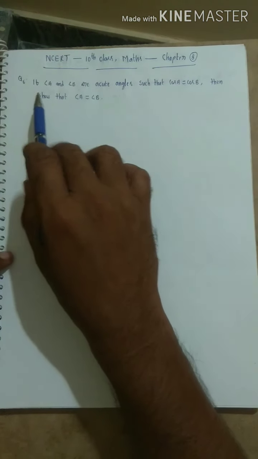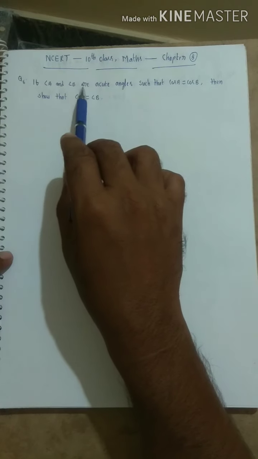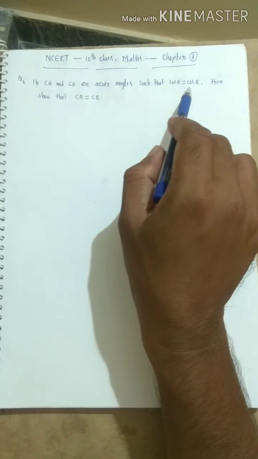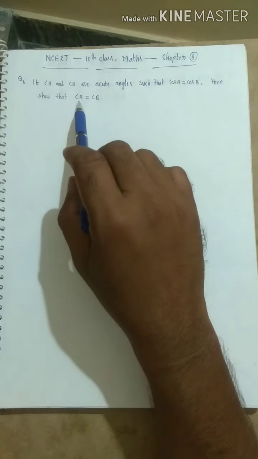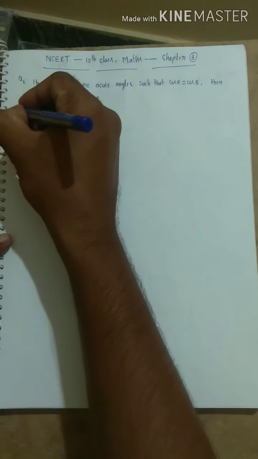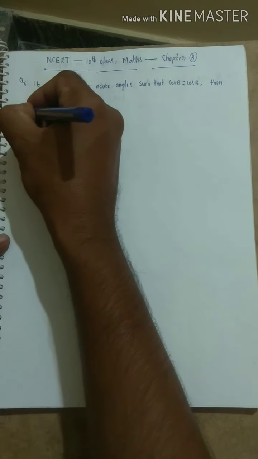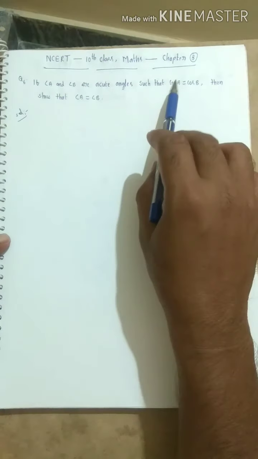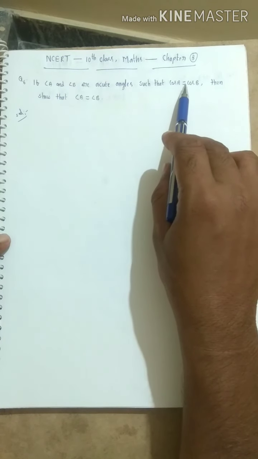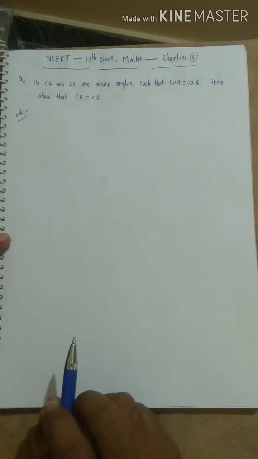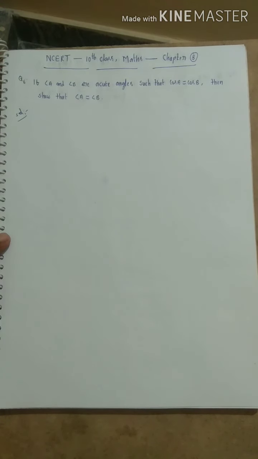Question number 6. If angle A and angle B are acute angles such that cos A is equal to cos B, then show that angle A is equal to angle B. Solution. Here two angles are acute angles, and the condition is cos A is equal to cos B. Let us take two right angle triangles ACD and BEF.